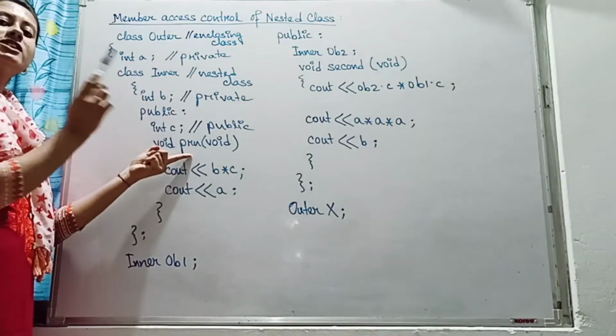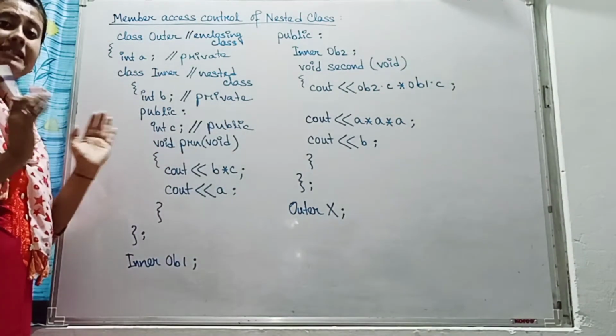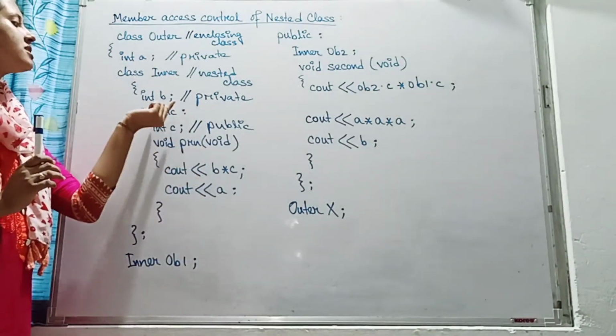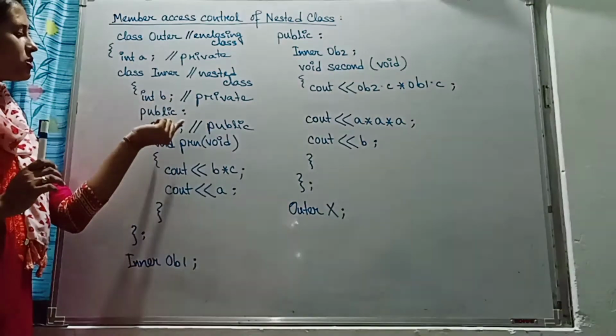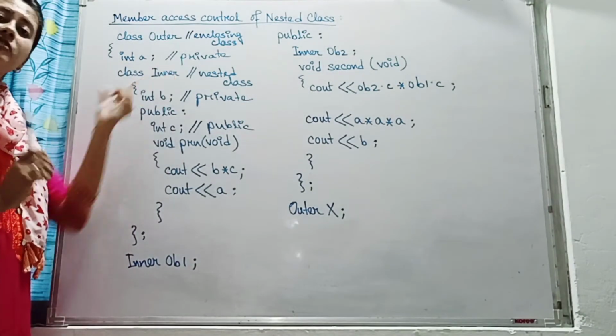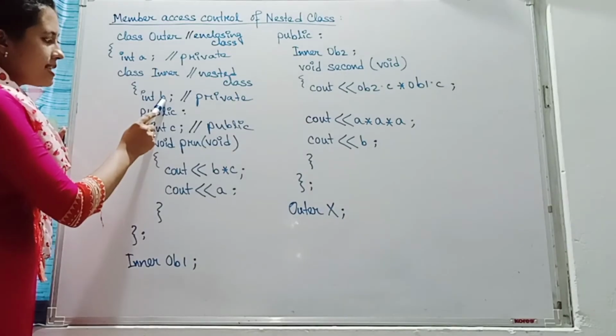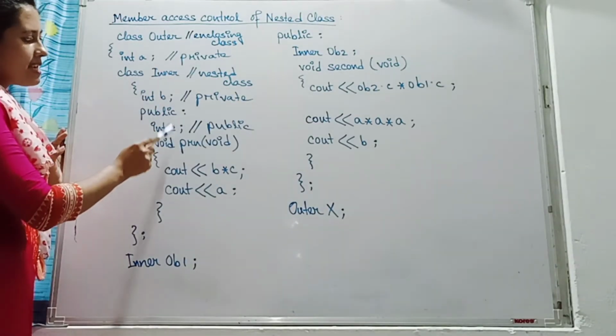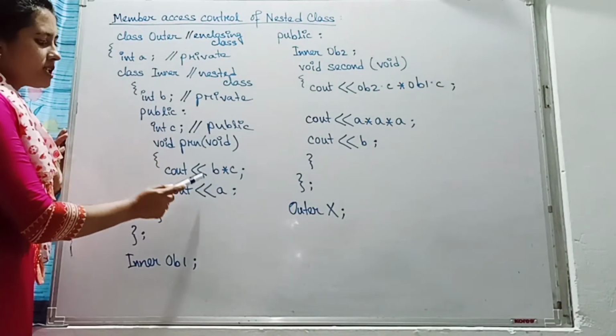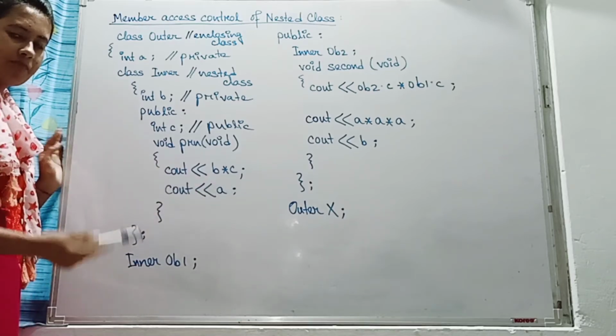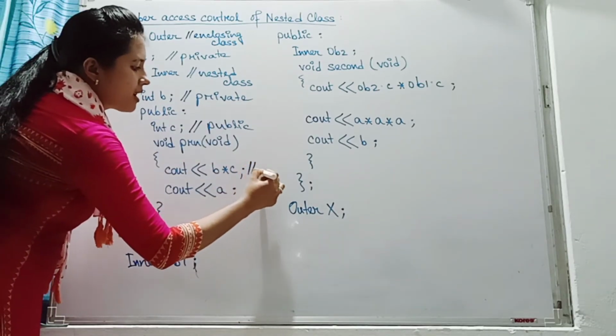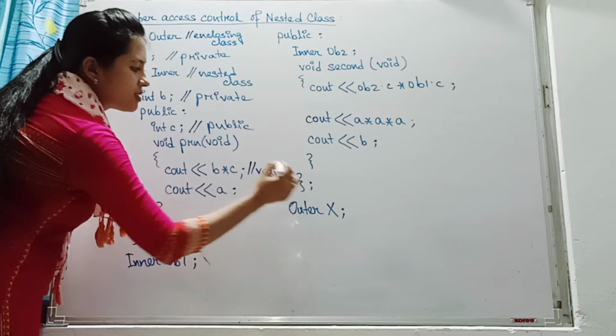It is able to do so. So a member function can access the private member also, public member also, but it must be of the same class. This B is the private member of the inner class, C is the public member of the inner class. So this member function can access both of them. So this statement will become valid.